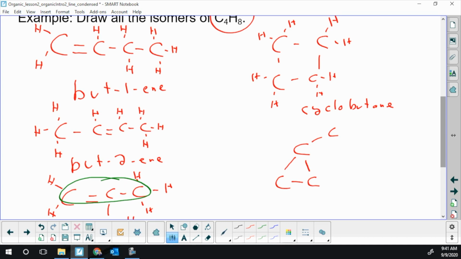I could have put it down here, but it would just be a rotation to down there. Okay. I'm doing a methyl cyclopropane. I don't need a number because that methyl would be in the 1 position.